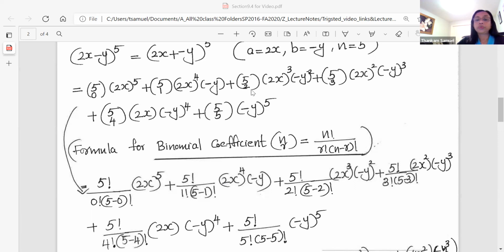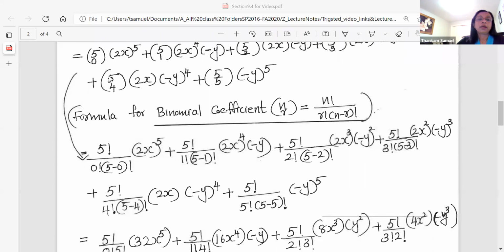plus 5 choose 2. We can write it as 5 factorial divided by 2 factorial times (5 minus 2) factorial, times (2x) cubed, (negative y) squared, plus 5 factorial divided by 3 factorial times (5 minus 3) factorial, times (2x) squared, times (negative y) cubed.